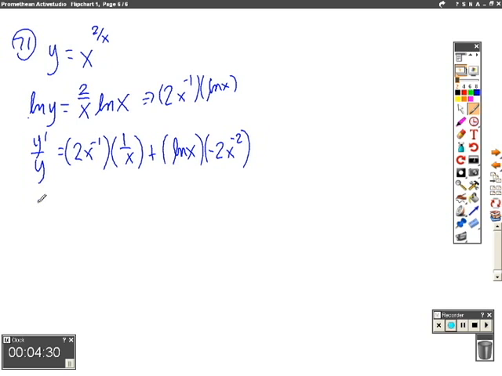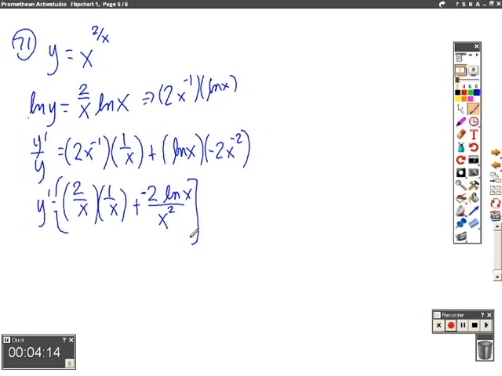I'm going to get y prime by itself, and I'm going to clean up the right-hand side a little bit. So that would be 2 over x times 1 over x, plus, and actually it would be minus 2 ln of x over x squared, because it had a negative power, and that gets multiplied by the original function, x over 2x.